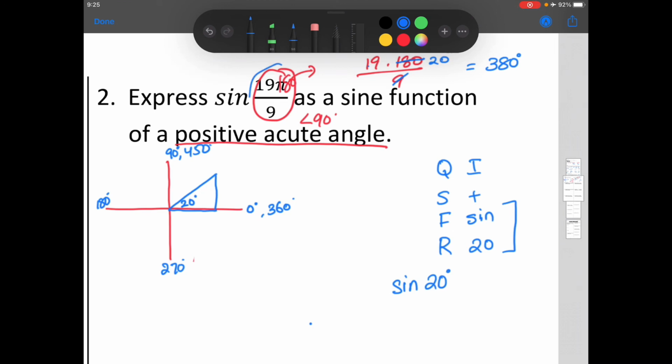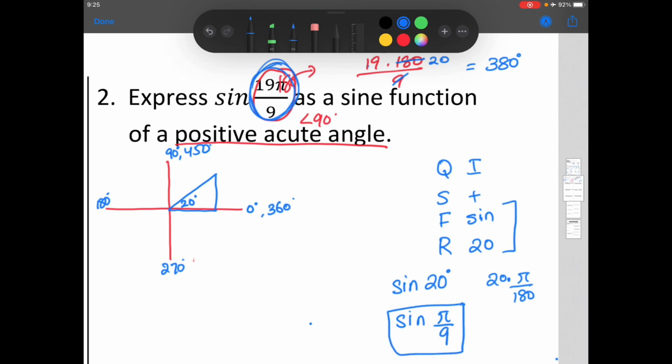So basically, I wrote it as a positive angle, sine of 20 degrees. But there's a catch. My answer was in radians, so I need to convert this into radians. So 20 times, what do you do? Pi over 180, whenever you're converting into radians. What's 20 divided by 180? It is 9. So sine of 20 degrees is the same thing as sine of pi over 9 radians.